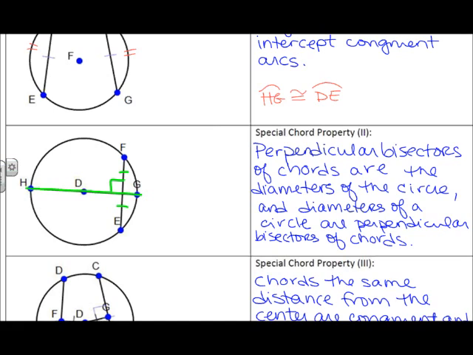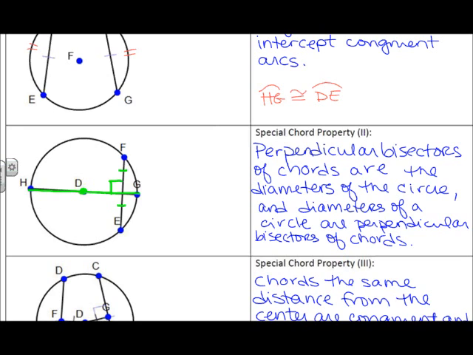So let's say that they give you that this is a right angle and that this is cut in half, then you're able to conclude that HG will then be a diameter. That's going to be a way that you can verify that this segment HG is actually passing through the center point D, which will be important on some problems that we'll see later on.